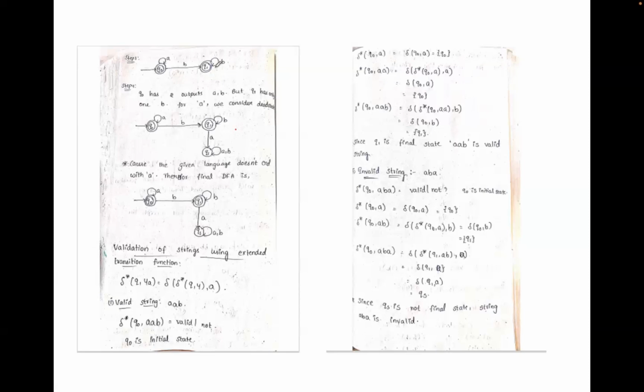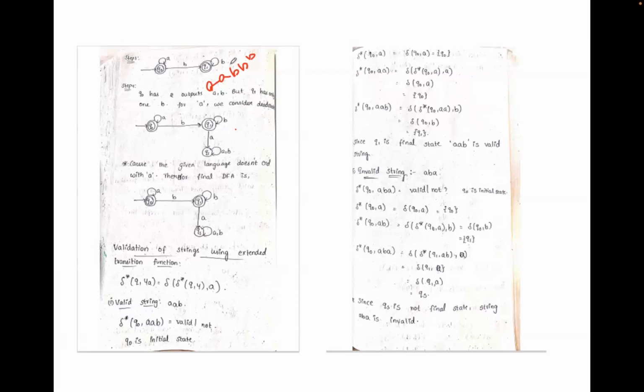If you place a self loop on Q1, then you will get strings starting with A and ending with any number of B's. This is a self loop, right? And at the beginning, you can have any number of A's. Q naught on input symbols A and B was considered, but on Q1 we applied only input symbol B. Then where do we apply input symbol A?